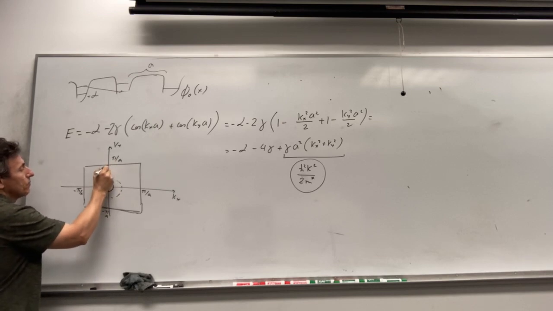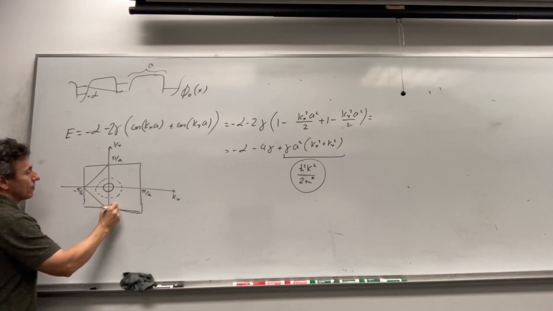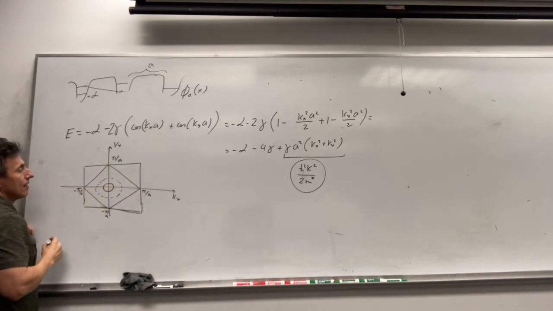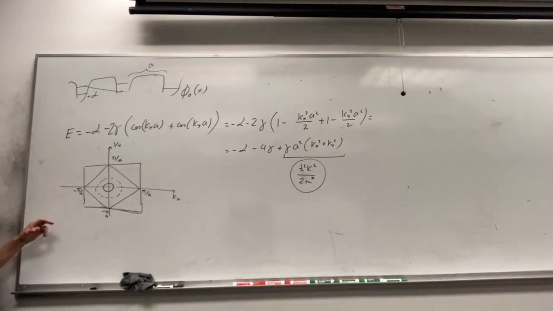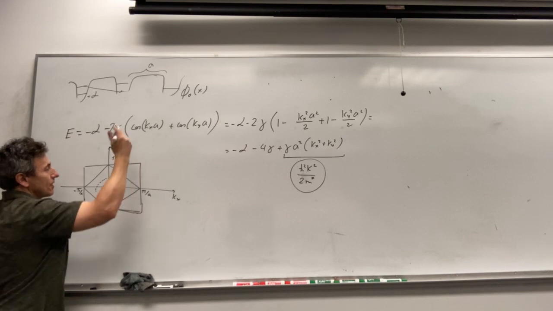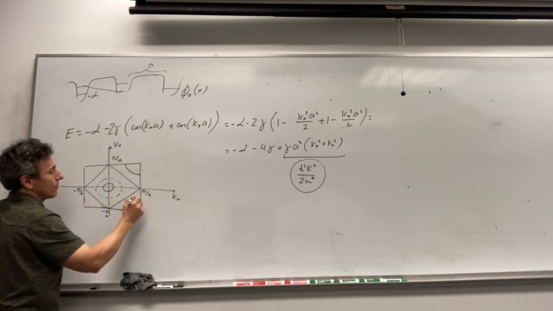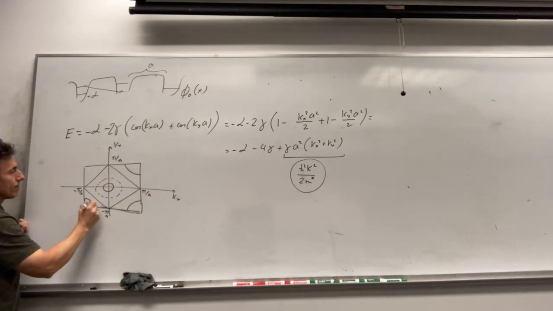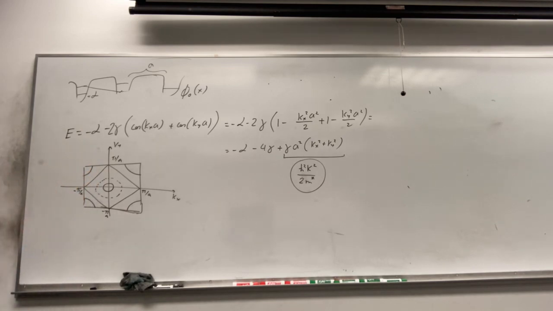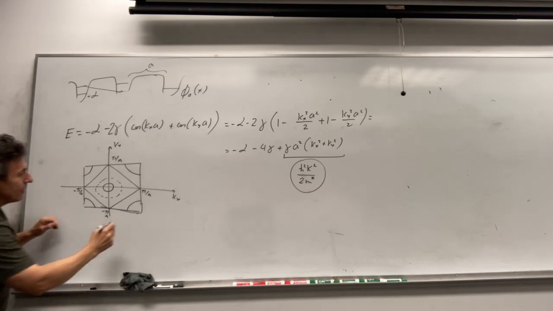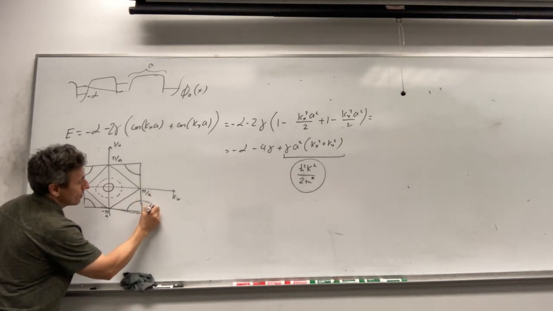Finally, at this point it will be just a straight line that goes like that. And then the equal energy lines, at which you have the same energy. When you increase the energy more, you have the following profile. If you repeat the structure periodically and continue it, this is the profile.